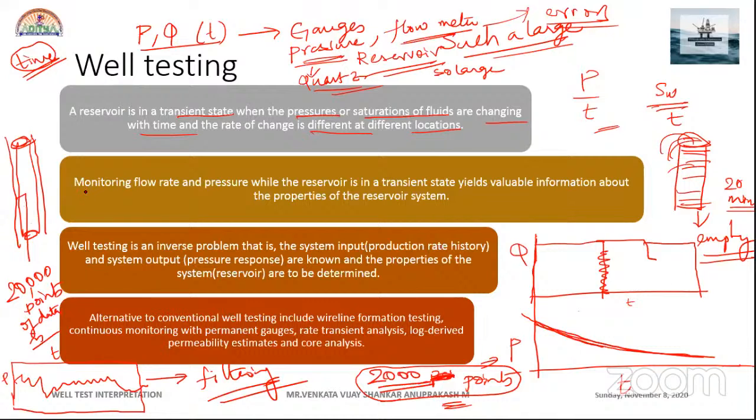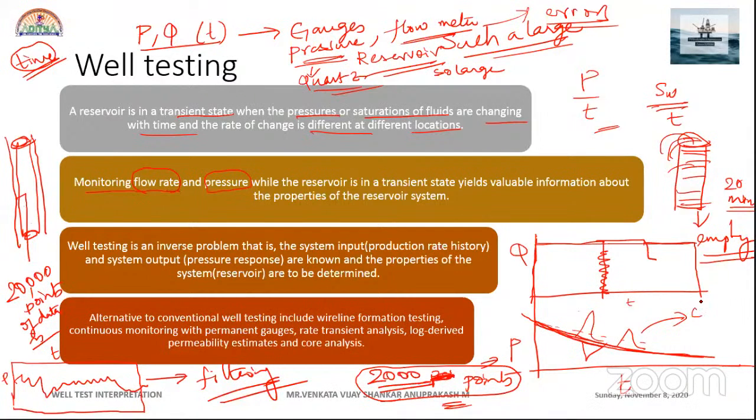Now, coming to the next point, as I told, monitoring the flow rate and pressure. If the flow rate is maintained constant and pressure is declining, it is okay, but if all of a sudden there is some spike or some sudden drop, then we have to be very careful.